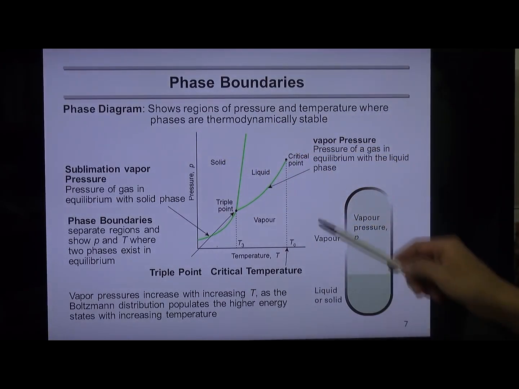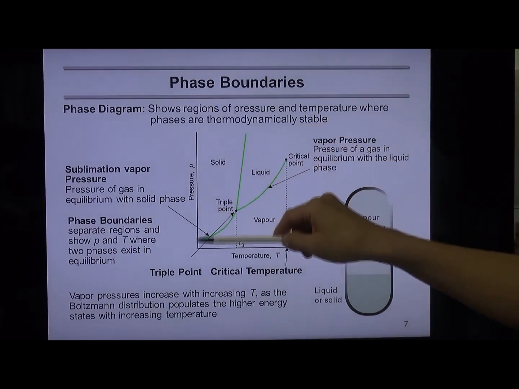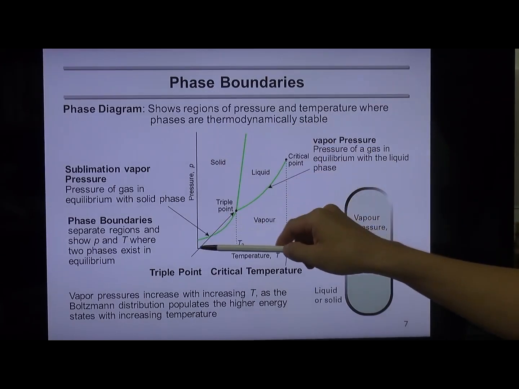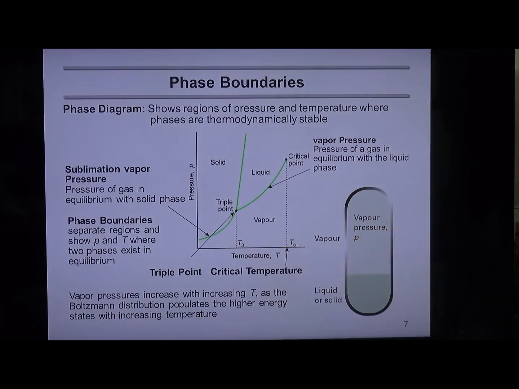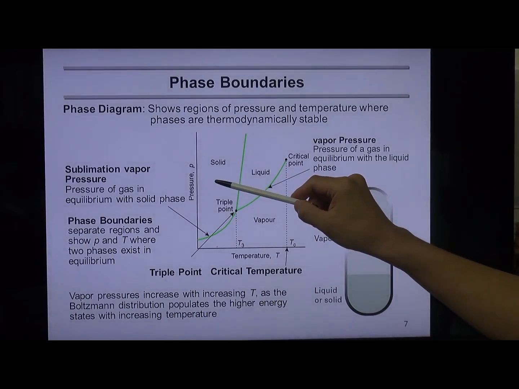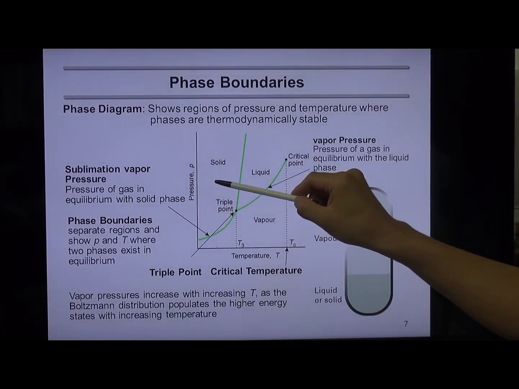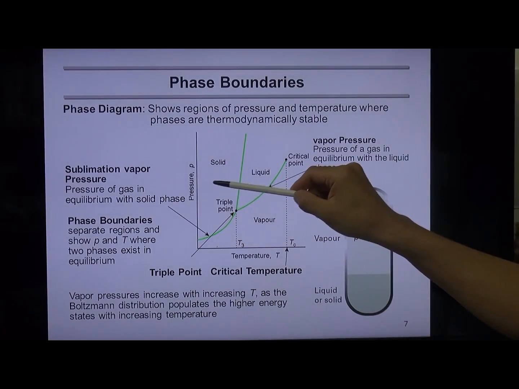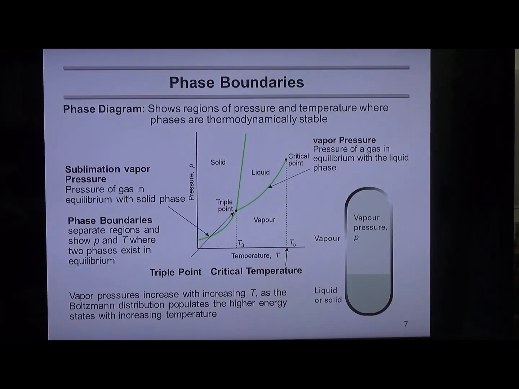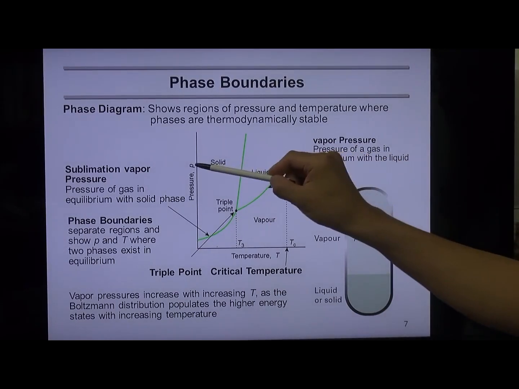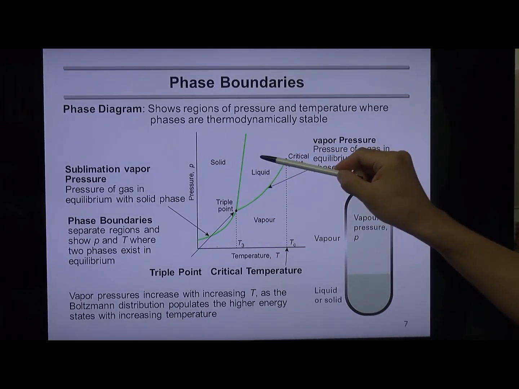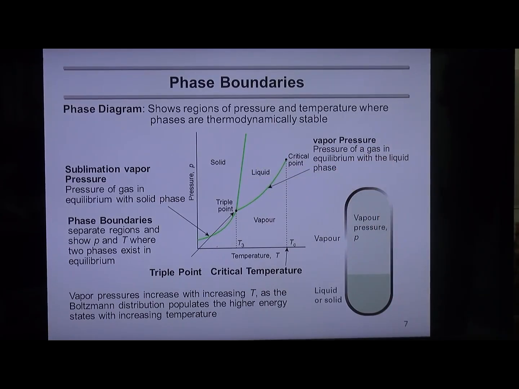So here shows a phase diagram, a simple one. Y-axis is pressure, x-axis is temperature. For example, at this pressure, at this temperature, the most stable phase is solid. Here, at this pressure and this temperature, the most stable phase is liquid.